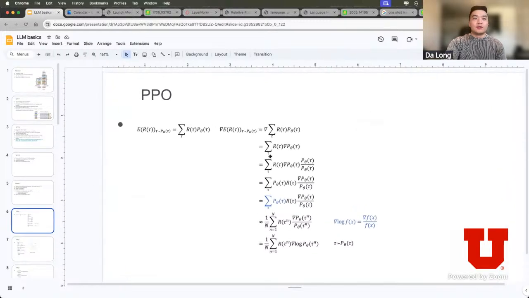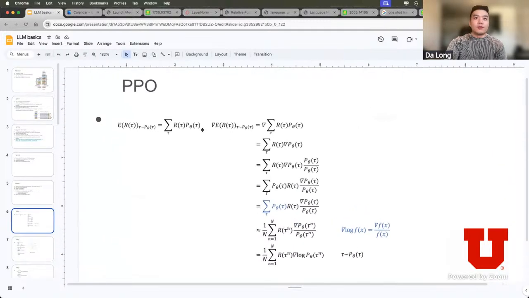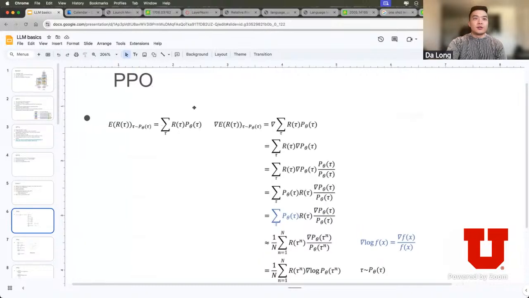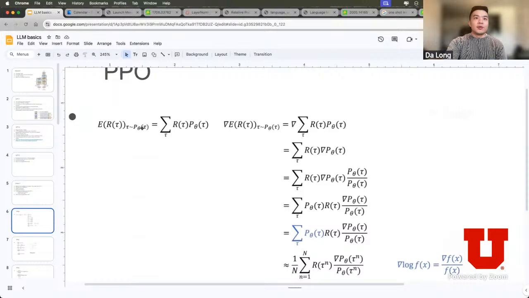In reinforcement learning, the goal is to maximize the long-term rewards. In this equation, p theta is a parameterized policy. For example, in the large language model, when it predicts a token, it actually predicts a probability over the tokens.